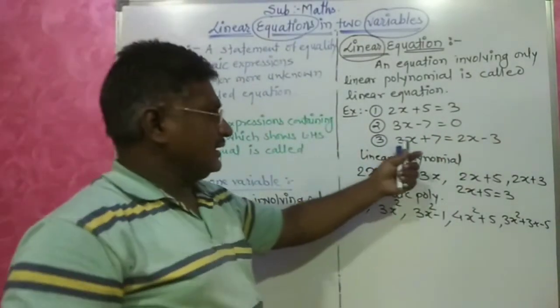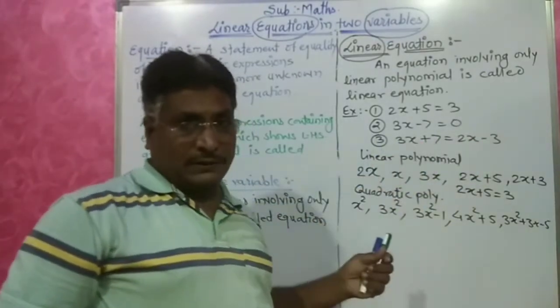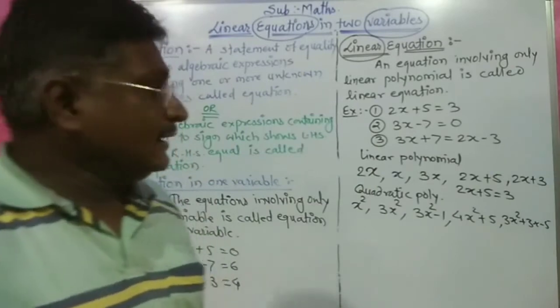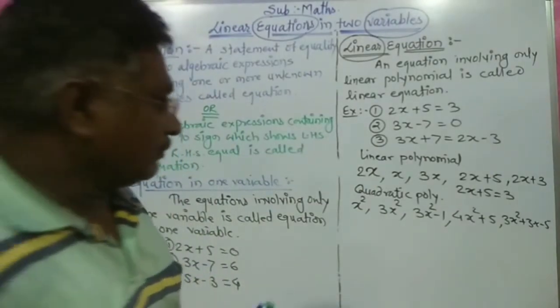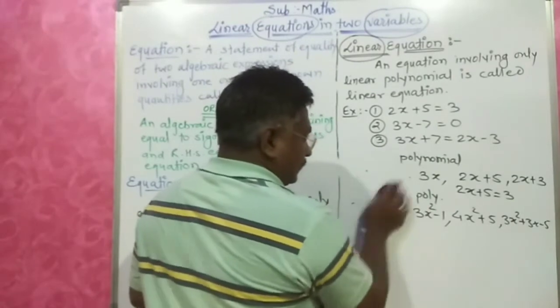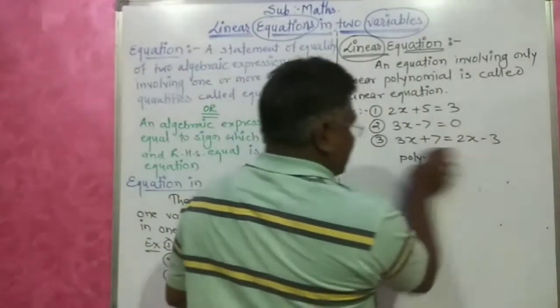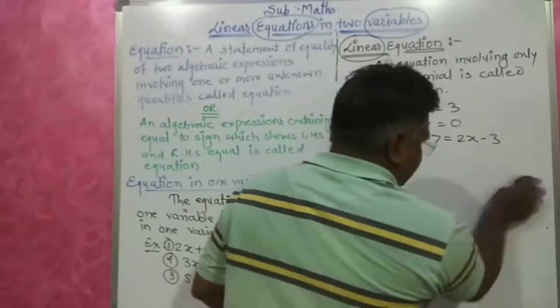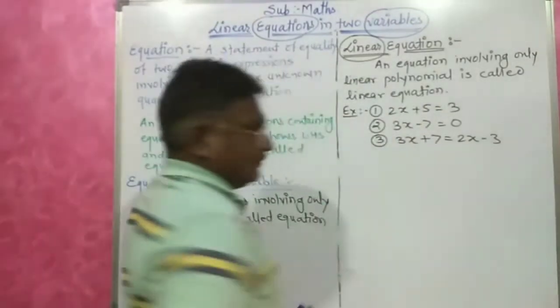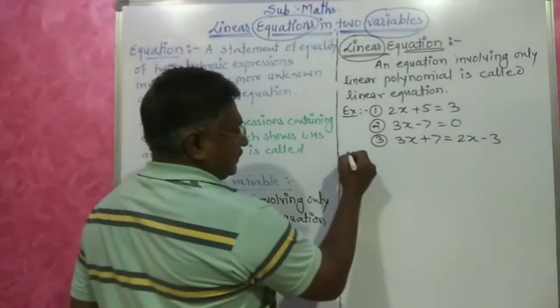Here the variable has power 1, so that's why it is called a linear equation. Understood, students? Hope you understand this linear equation definition. Then we will come to linear equation in one variable.